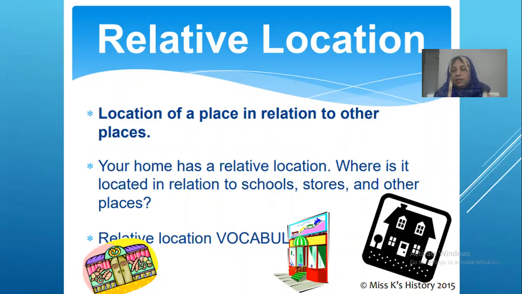For example, if there is a famous restaurant, school or shop near your house, you can tell others your address with reference to this famous restaurant or shop. So this is known as the relative location.